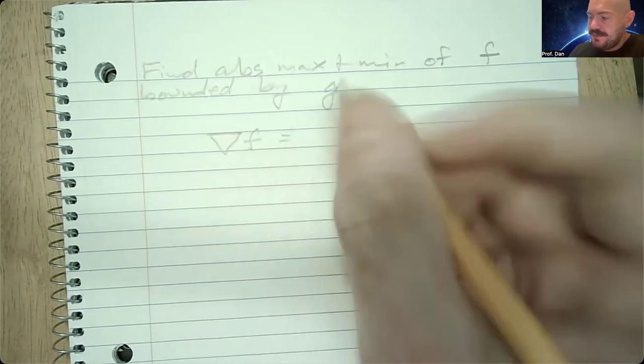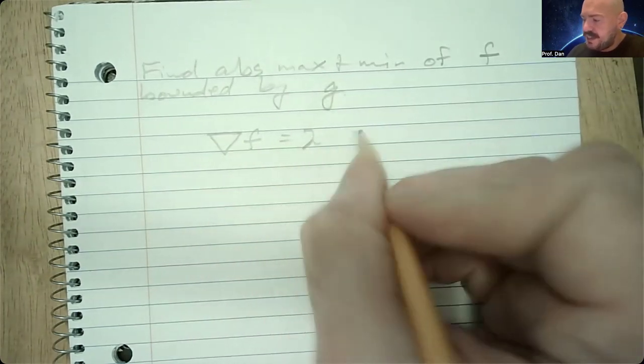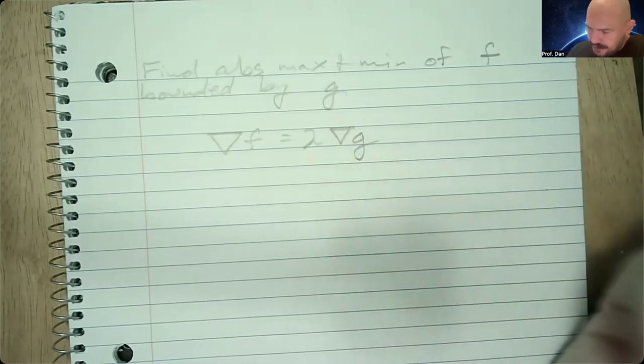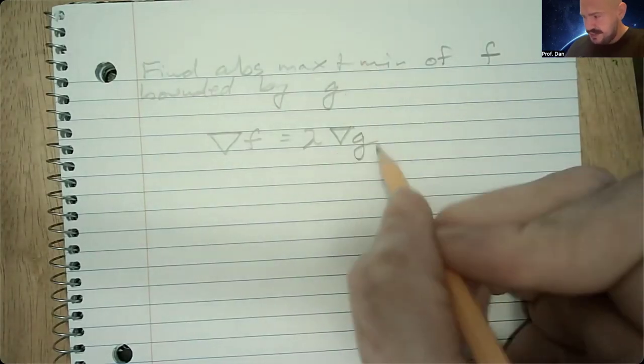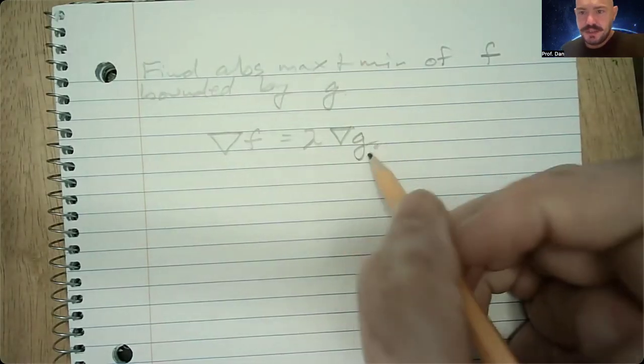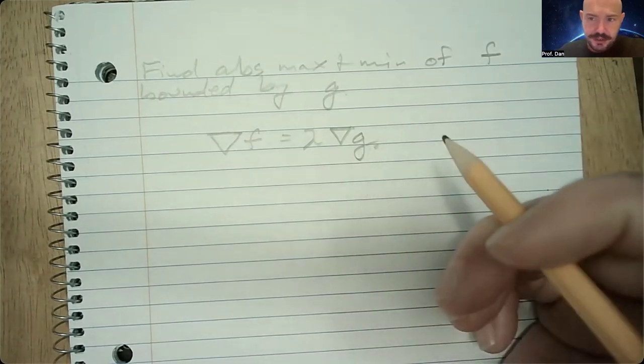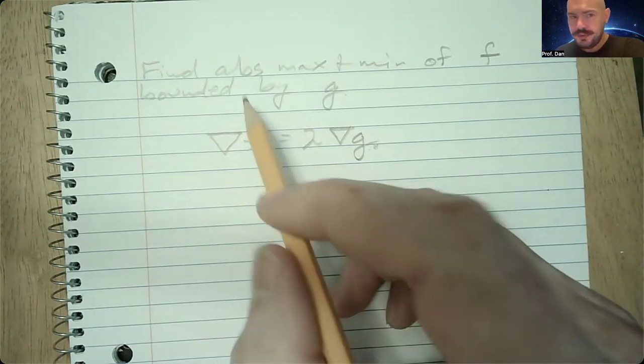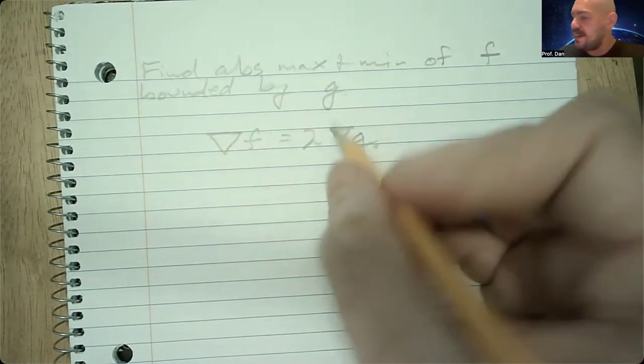The gradient of f is equal to lambda, Greek letter, times the gradient of G. So again, G is the boundary. Like in the last example, that would be a rectangle. F is the function whose max and min we're trying to find.